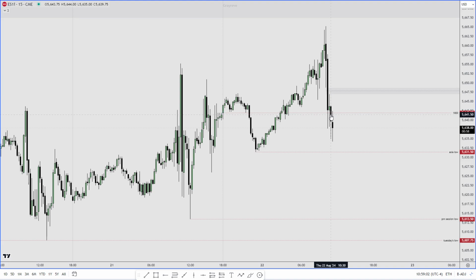This candle right here has closed below the daily opening price, so it should use this daily opening price as resistance to take out this low right here. If it wants to trade higher, it doesn't invalidate the entire idea, but the thing is that it is signaling to you that it's not as bearish.